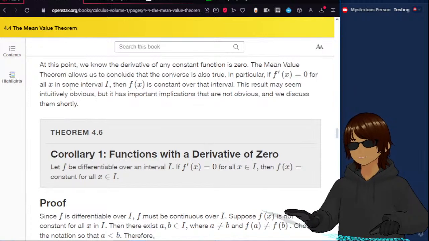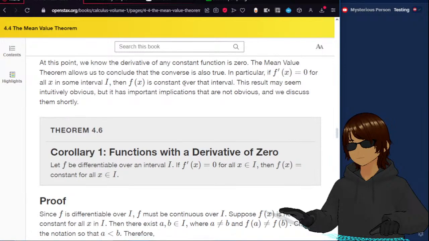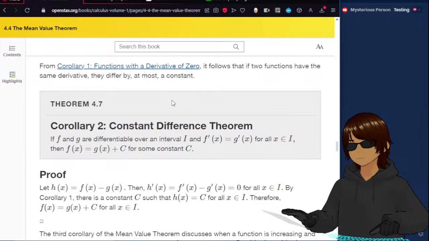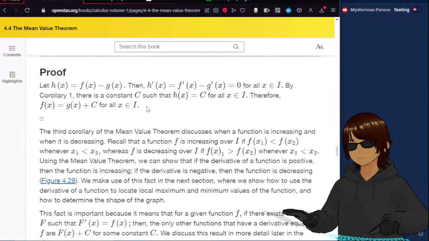For all x in some open interval. Let h of x be f of x minus g of x, then the derivative is equal to derivative of f of x minus derivative of g of x, which is 0.